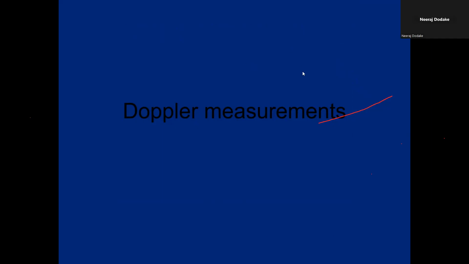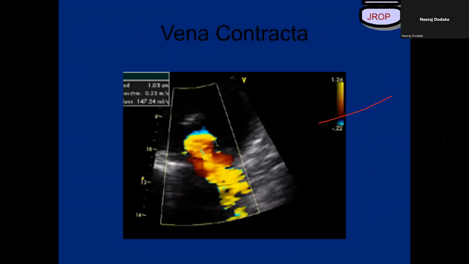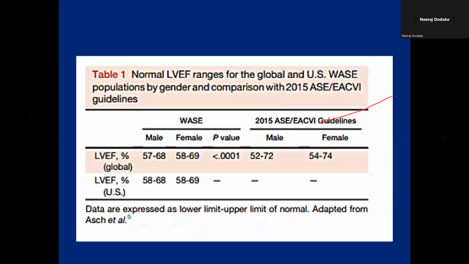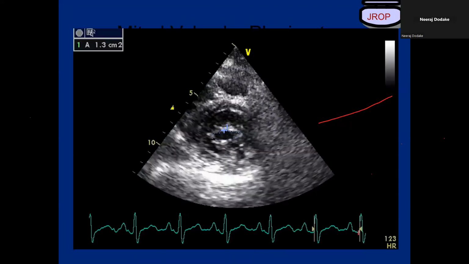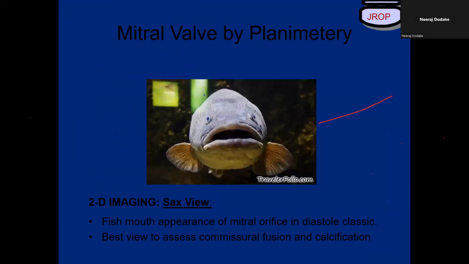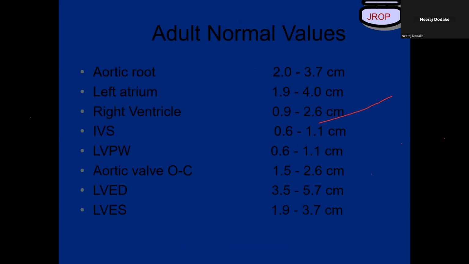Hello. Go ahead, Neeraj. Sir, while calculating in the M mode, we calculate from leading edge to leading edge, no? Correct. Sir, can you please go to the LV mass slide?